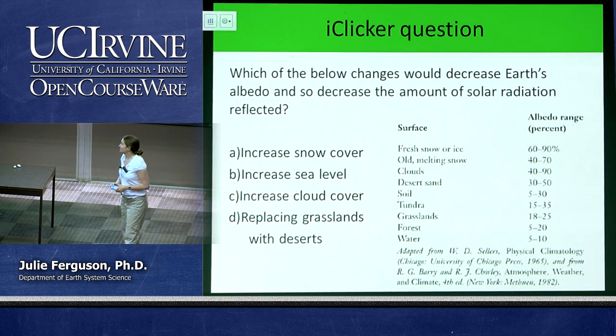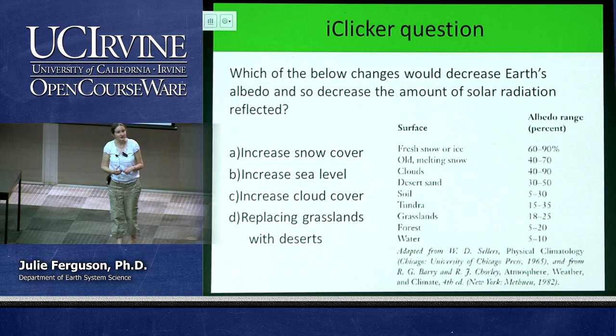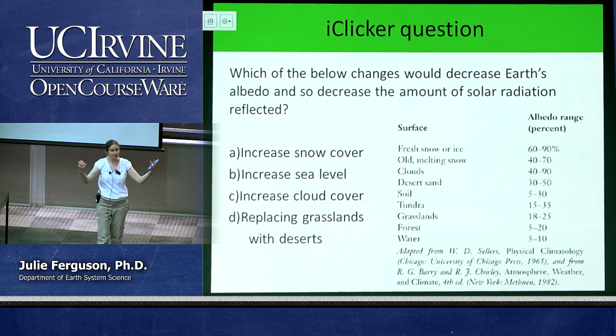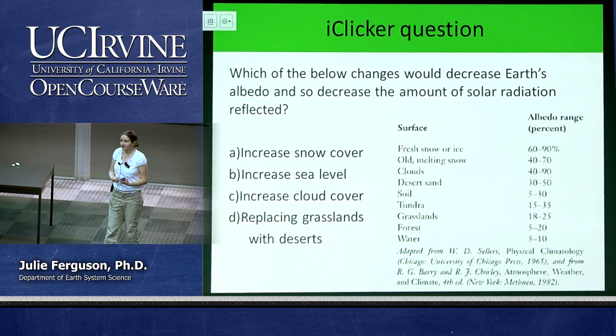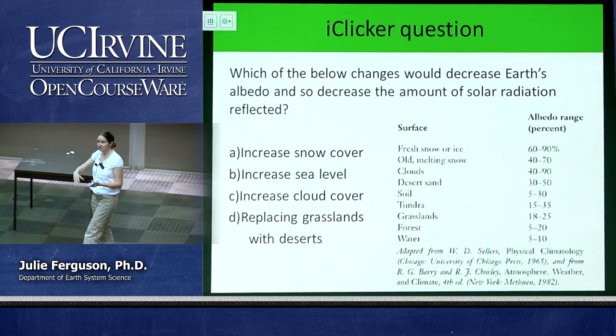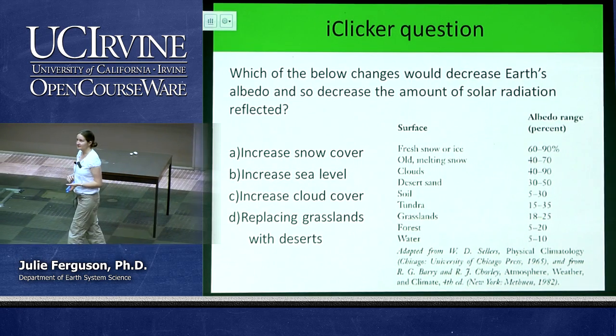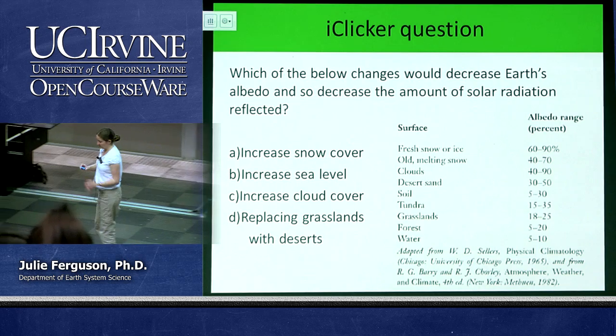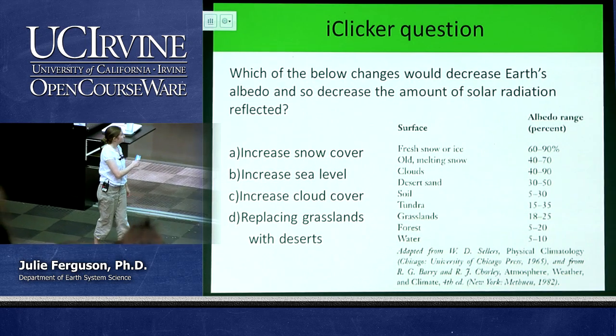And so actually the answer is B, increasing sea level, because water is by far the most absorbing surface. So even if we're flooding sand, if we're flooding grassland, whatever we're flooding, we're going to replace that surface with something that's going to absorb more. So well done, guys. Hopefully that will help with the quiz.